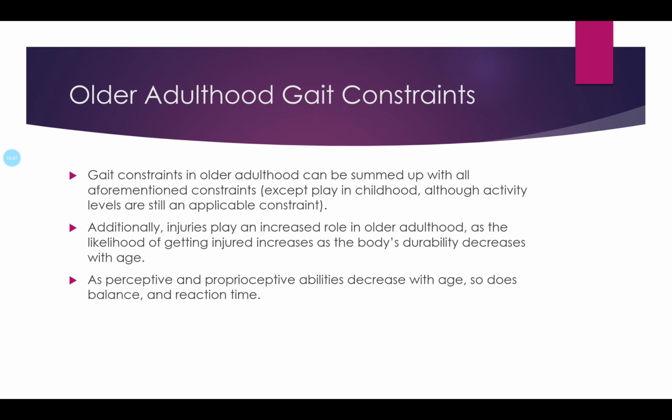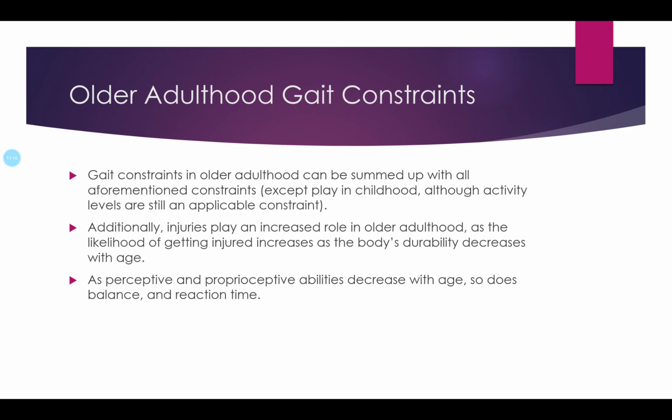Older adulthood gait constraints. Gait constraints in older adulthood can be summed up with all of the aforementioned constraints, except play in childhood, although activity levels are still an applicable constraint. Generally, the more active an older adult is, the less deterioration they'll face, both in their proprioceptive abilities, their balance, their stability, all that kind of stuff.